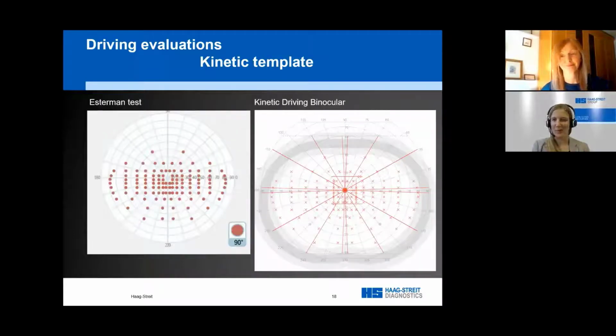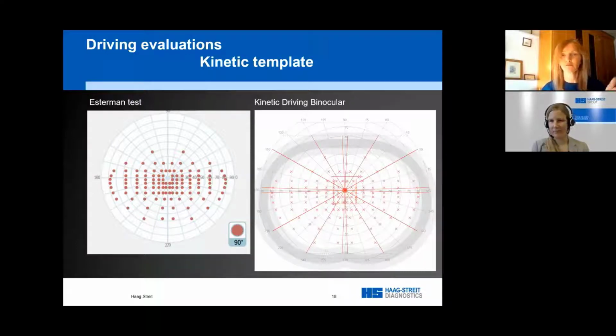You've also developed a template for this, right? Which is, I guess, a bit based on the Estimate test, but has on top of that kinetic vectors. Yeah, so it's definitely based on the Estimate strategy. We designed it because there were going to be certain circumstances where we just didn't want to run two separate tests if we could avoid it, particularly where there's fatigue and so on.